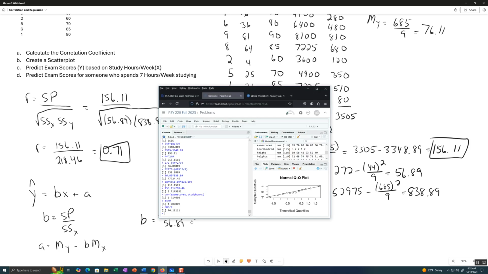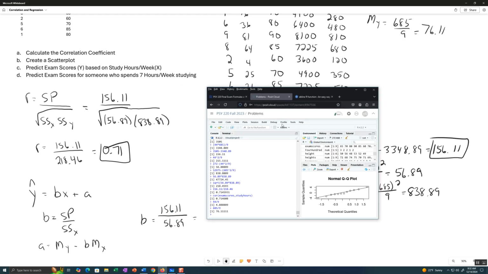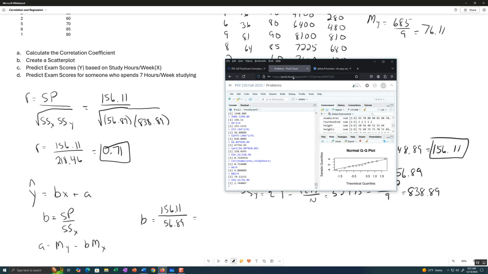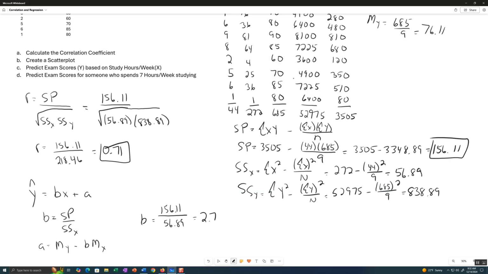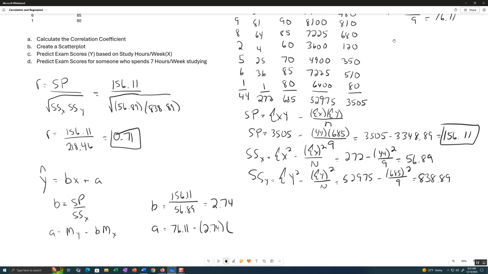And we solve that. 2.74 as my slope, and then the y-intercept is mean of y, which is 76.11 minus the slope, which is 2.74 times the mean of x, which is 4.89.